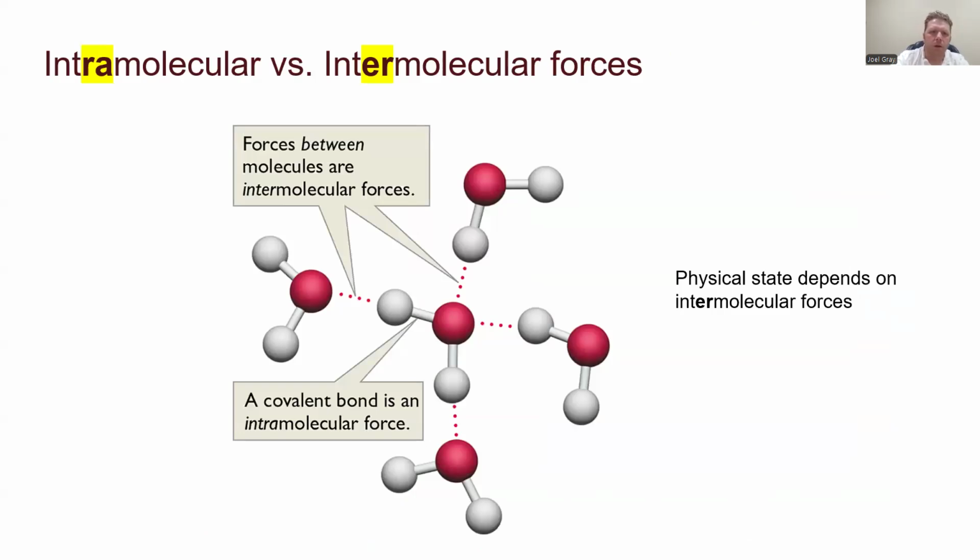Now, what we're going to be looking at now is something that we'll again revisit in our next lecture, and that is intra and intermolecular forces. The intermolecular forces are forces between molecules. Intramolecular forces is something that we've talked about a little bit more. A covalent bond, for example, is an intramolecular force because this is within a single molecule.